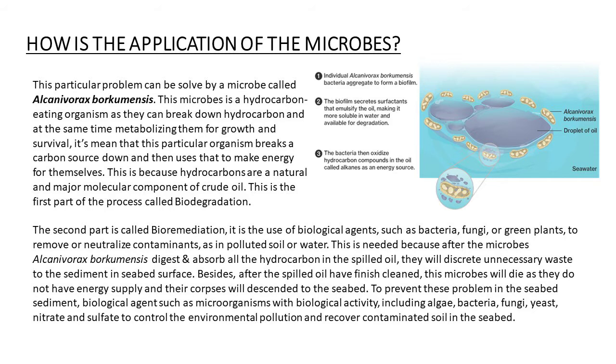Then the bacteria will oxidize the hydrocarbon compounds in the oil, called alkanes, as their energy source. It means that they are eating the alkanes in the oil for their energy. It is that simple, and that is only the first part, which is biodegradation.